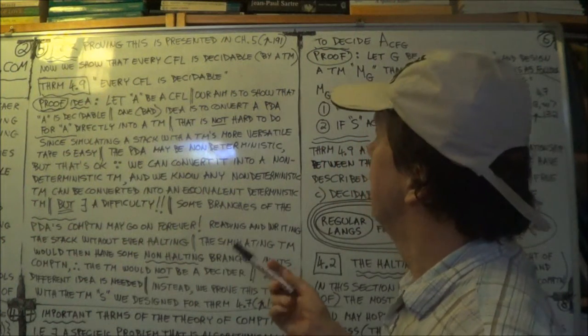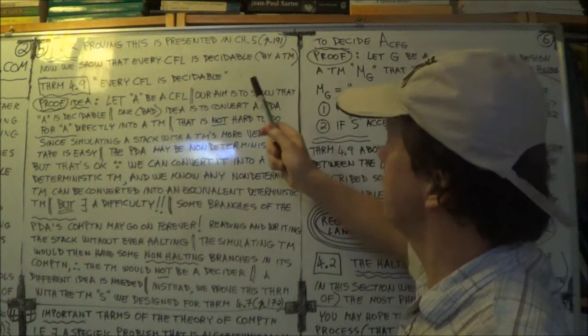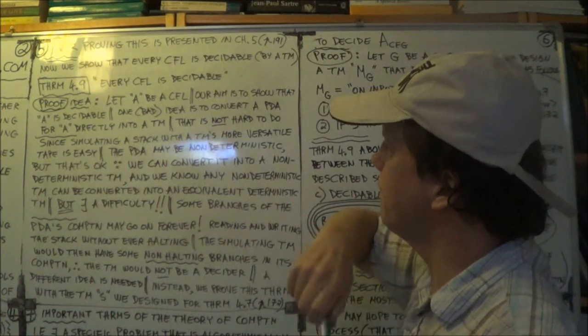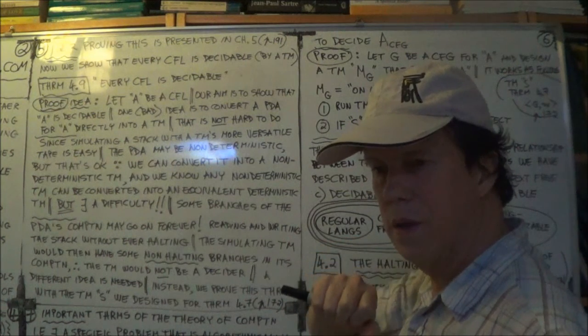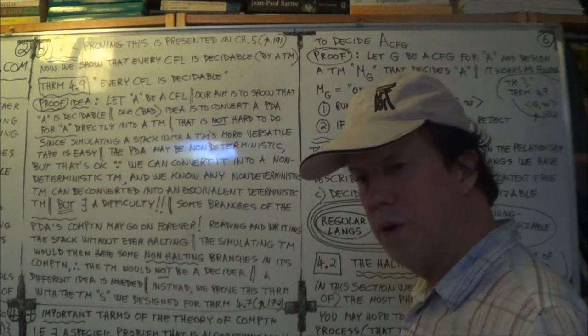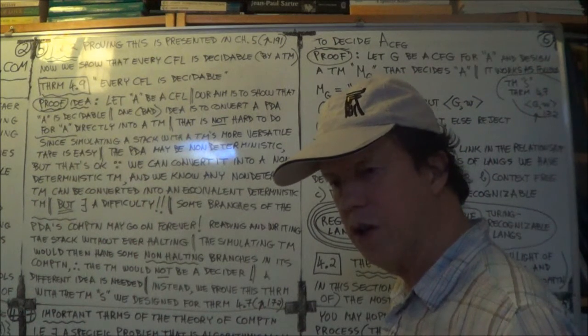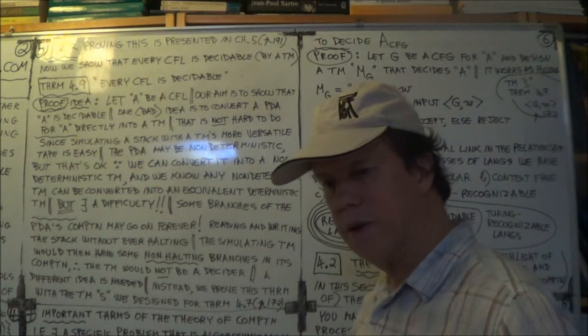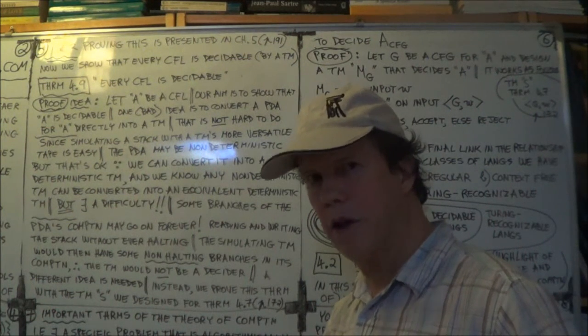Okay, so how to build this Turing machine that shows that for each string in the language, that string can be generated by the grammar?